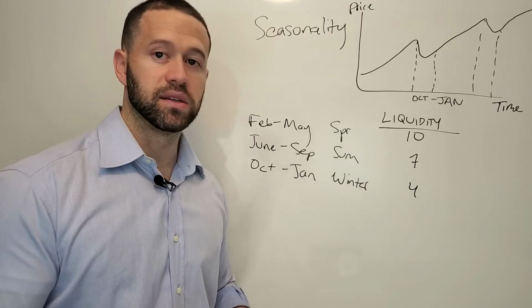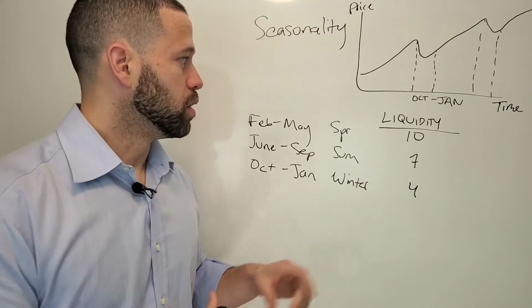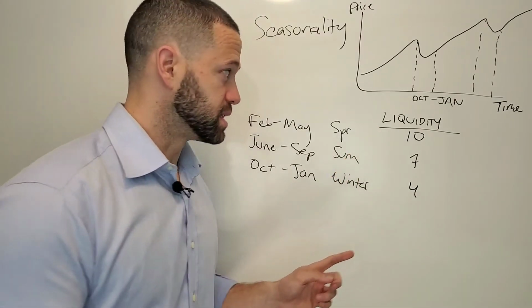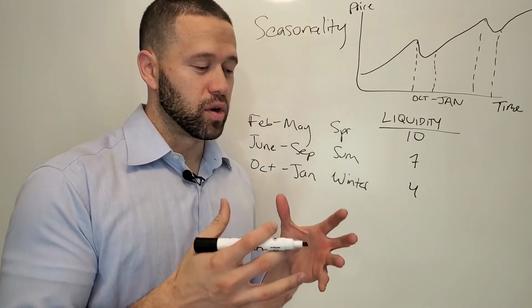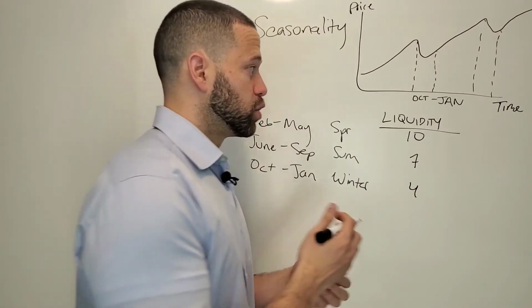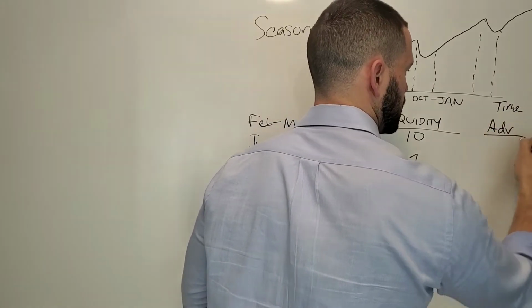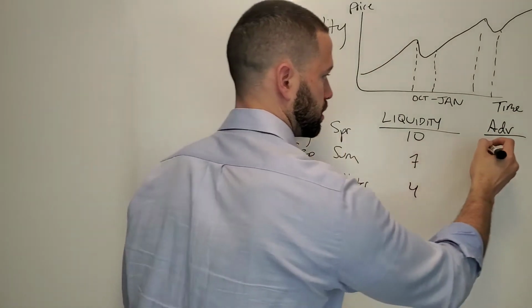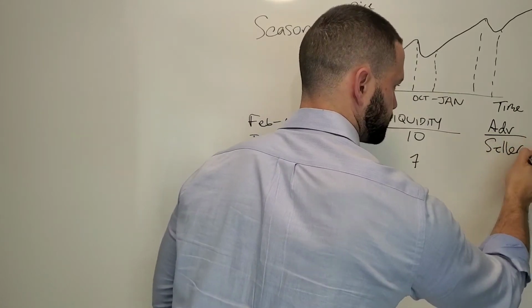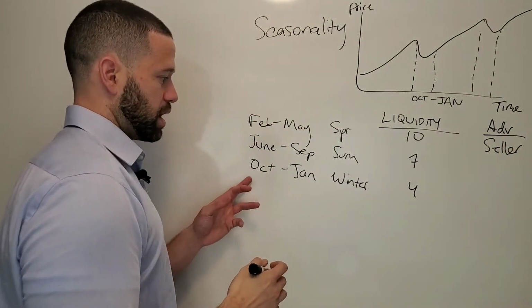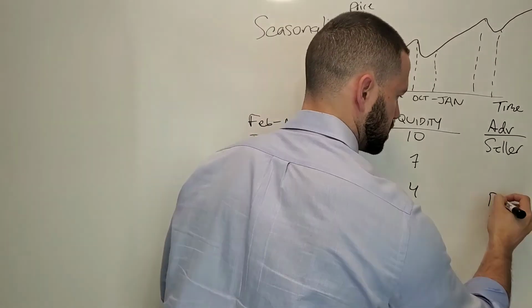So there's always going to be activity. But what this translates into is that in a real estate market, liquidity helps the seller. Okay. So the advantage in the spring is for the seller. This is my opinion. Whereas in the winter, the advantage swings to the buyer.